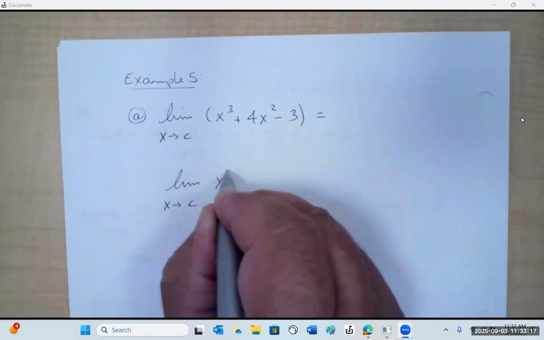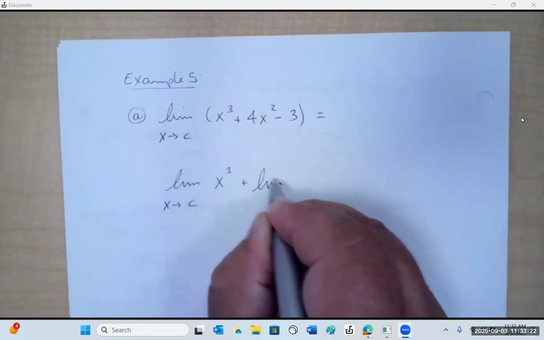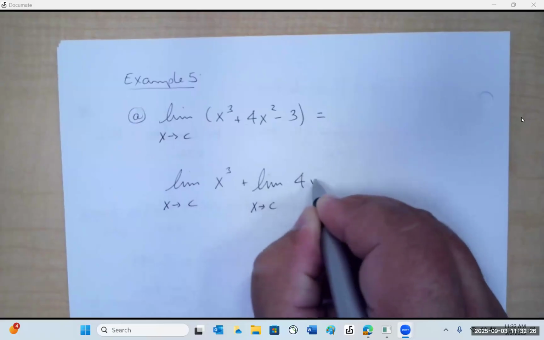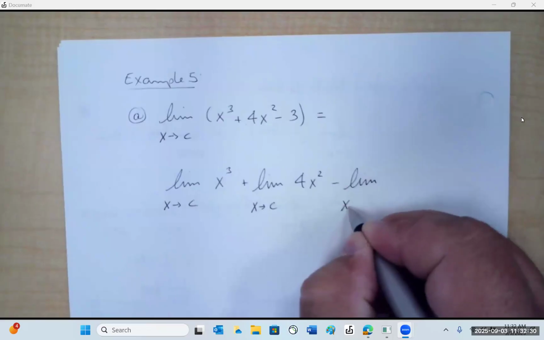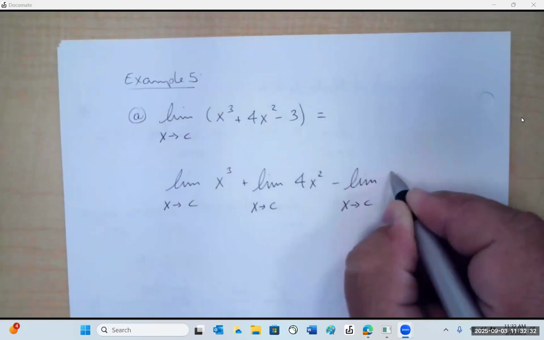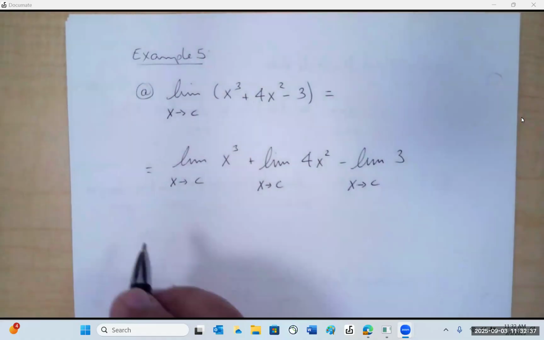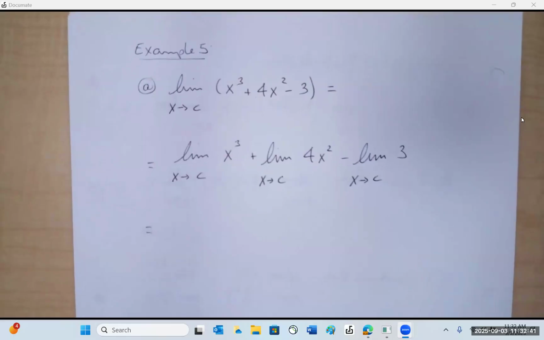So we have the limit of x cubed plus the limit of 4x squared minus the limit of 3. That's using the limit properties 1 and 2.